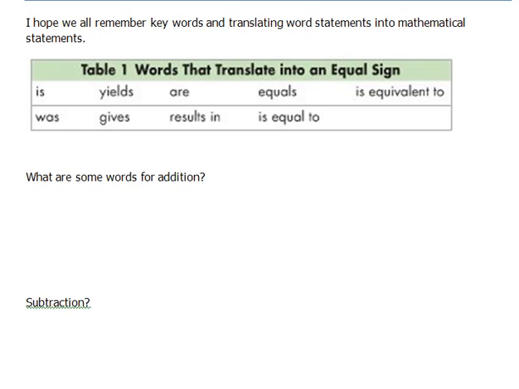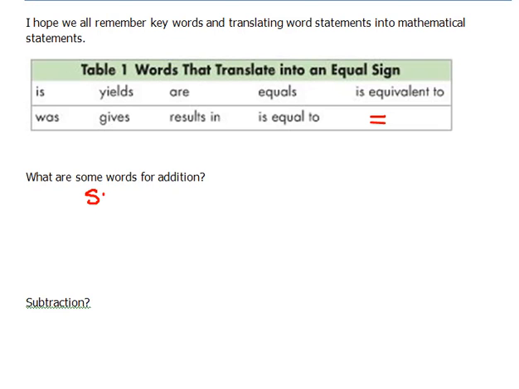So anytime you see things like is or was or results in or are, all of those words mean an equal sign. So anytime we see those, we could translate that mathematically. Now, I hope that you remember what are some words for addition whenever you see those in a word problem.